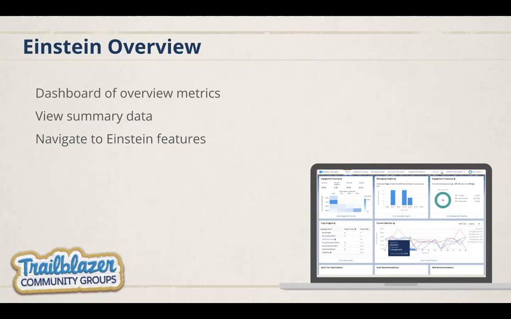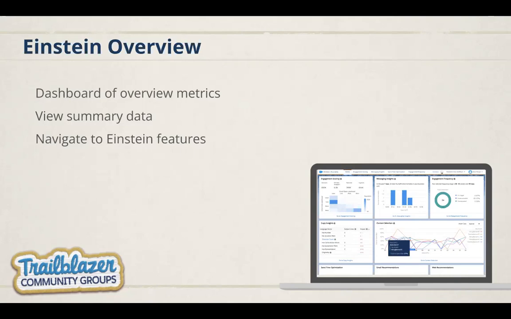There are a number of different Einstein features in Marketing Cloud that I'm going to walk you through today, and we'll give a live demo as well. The Einstein features are available from the Einstein menu in Marketing Cloud. There's also an Einstein Overview, which we see here, which appears on the Einstein menu.